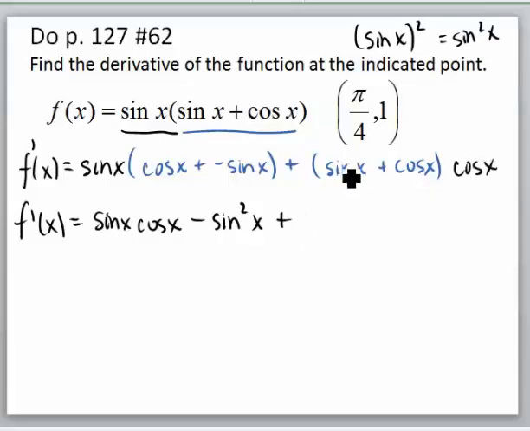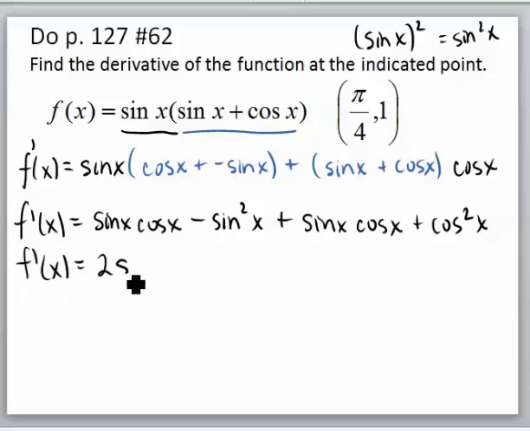Plus, distributing this direction, we have sine x cosine x plus cosine squared x. The only thing I can do is put those sine x cosine x's together, so I have 2 sine x cosine x minus sine squared x plus cosine squared x.